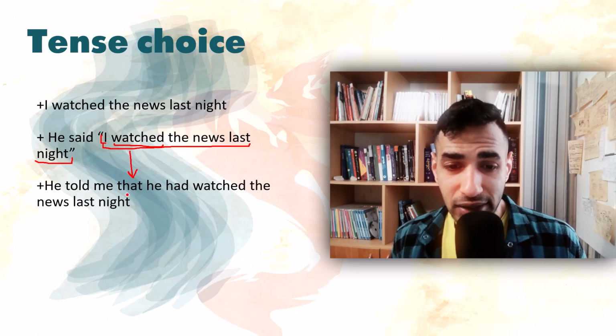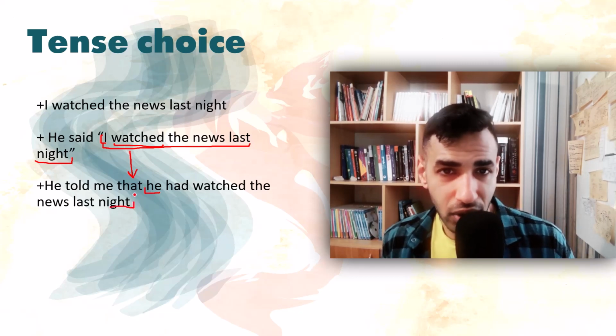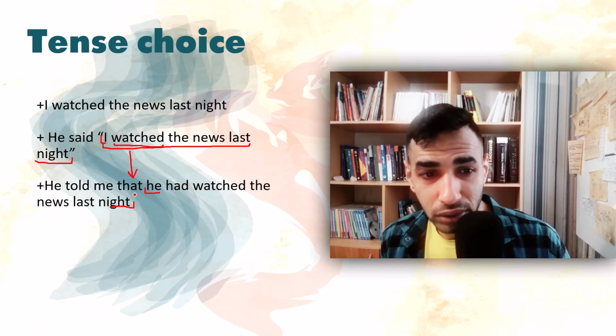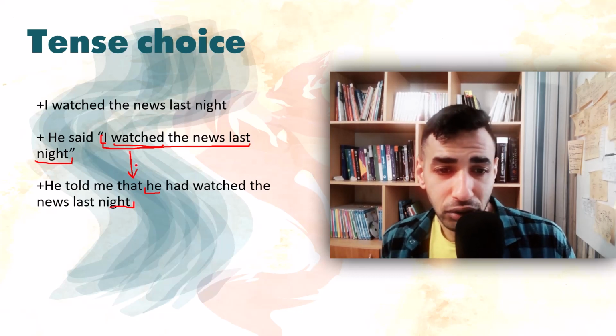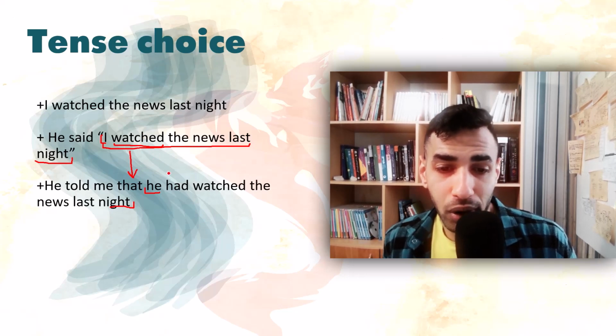He told me that he had watched the news last night. Now anything after that is a noun clause. Now pay attention to the tense choice. Watched changes one step in the past. It becomes had watched.